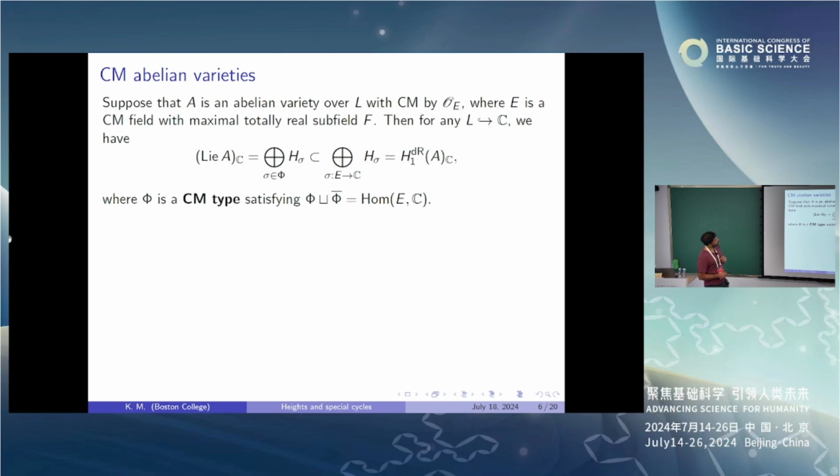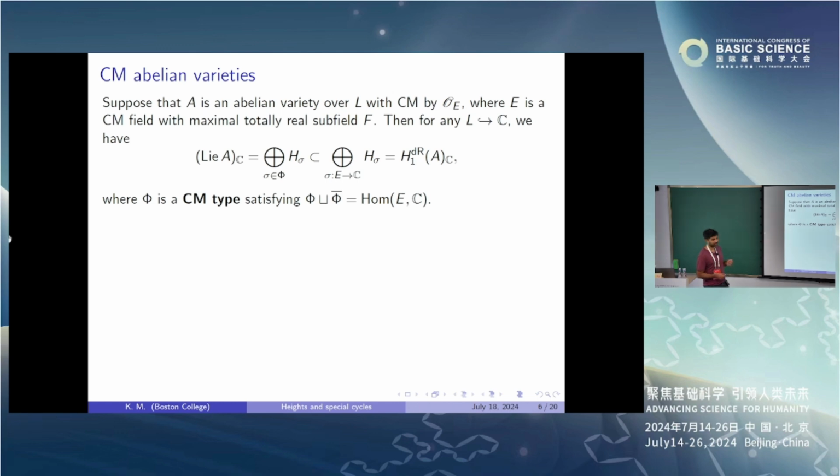Then for any embedding of L inside the complex numbers, I can look at the de Rham homology of the abelian variety. Because A has CM by E, this is going to break up into these pieces, these H_sigmas, each of which is one-dimensional.